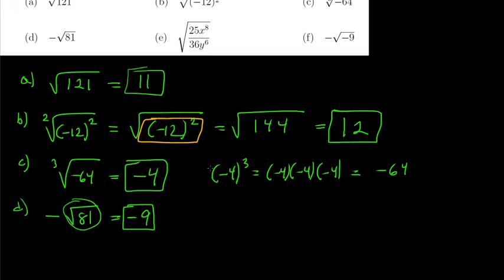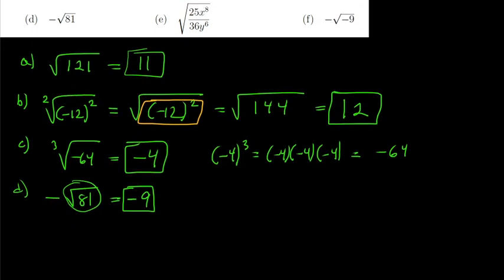All right, part E, let's see if I can scroll that down here. This is going to be our first non-trivial one. The square root of 25 x to the 8 over 36 y to the 6. Okay.